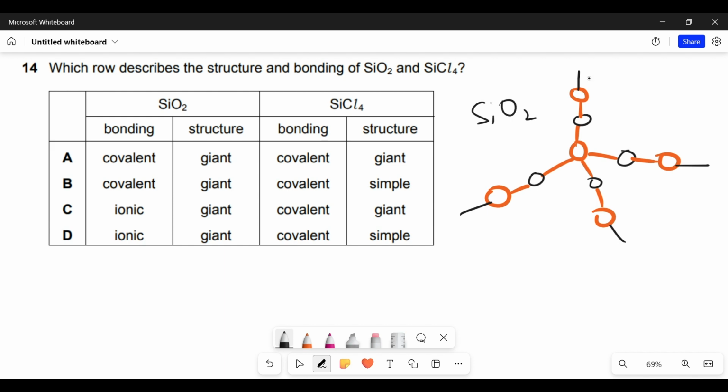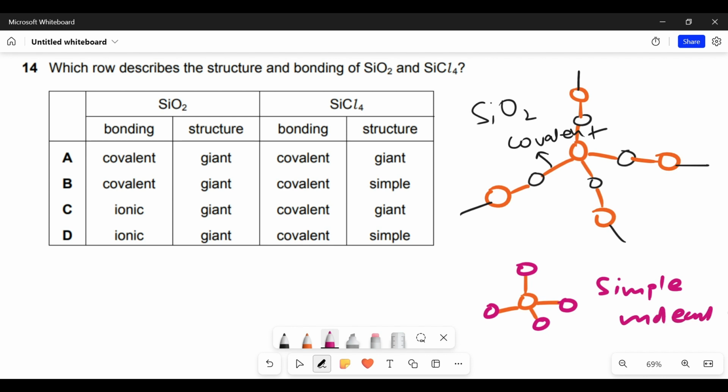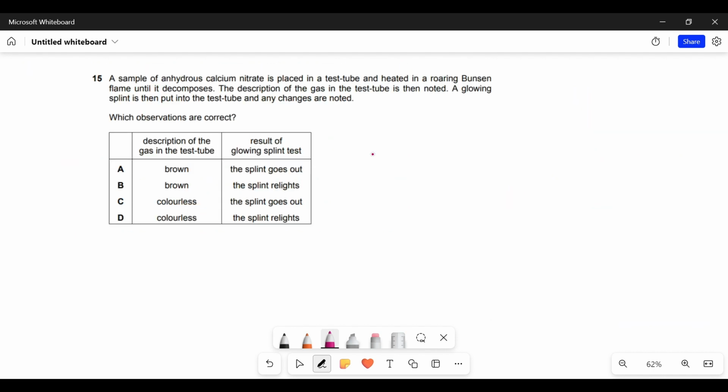That means in silicon dioxide we have covalent bond and it's a giant structure. If I look at the structure of silicon tetrachloride, silicon can form bond with four chlorine atoms, but these chlorine atoms cannot form bond with any other silicon atom because they can form bond with only one atom. Hence they have simple molecular structure and they have covalent bonding.